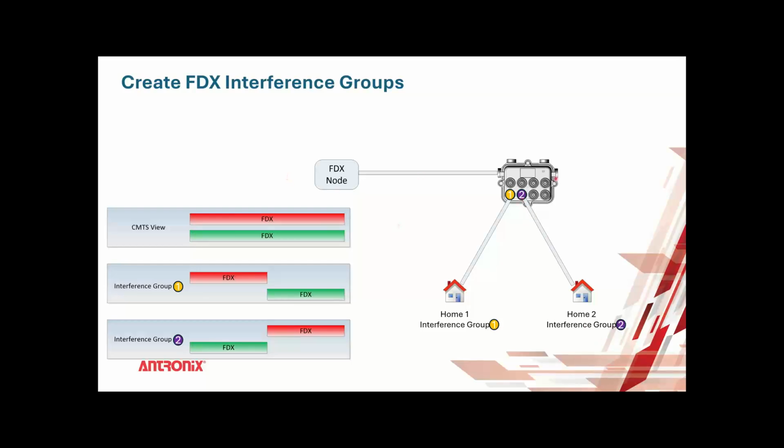Therefore, when I'm transmitting downstream, interference group 1 and 2 will not be transmitted at the same time, so they will not be interfering with each other. And that is a way to prevent the isolation issues between tap ports.